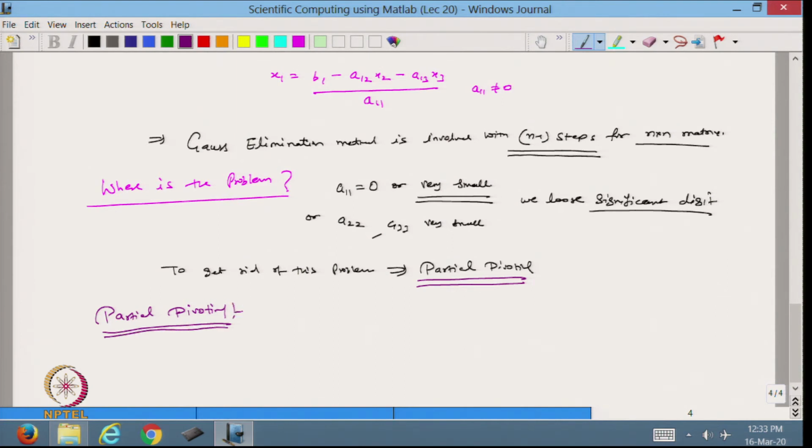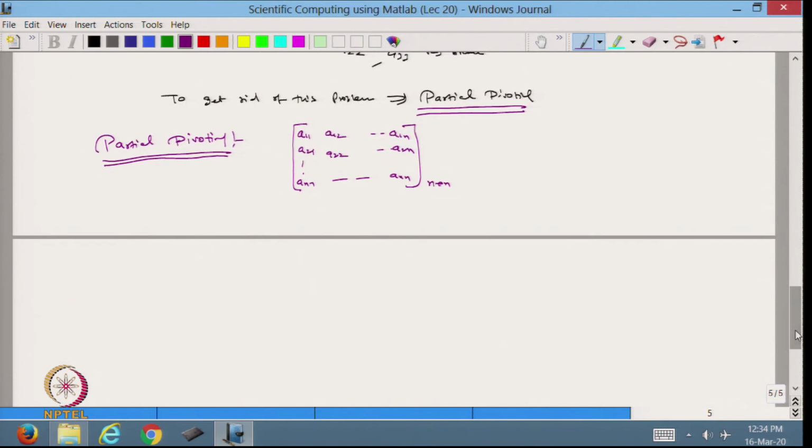In partial pivoting, suppose we have an n cross n system of equations, with coefficients a21, an1, a22, a2n, ann. So, we will do step 1.